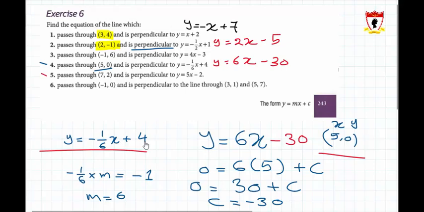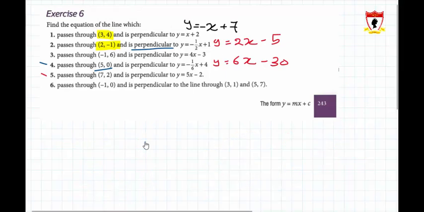Question 5. The equation is y equals 5x minus 2 and the point is 7 and 2. This is the equation and we want to find a line perpendicular to this one. The gradient here is 5. 5 times which number will be negative 1?